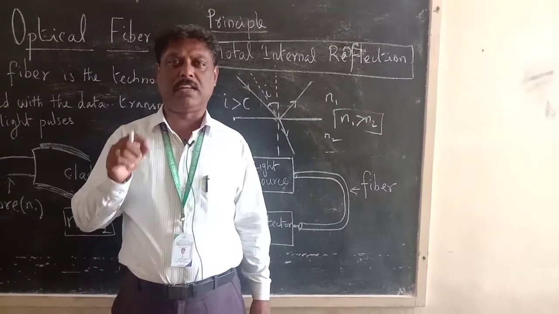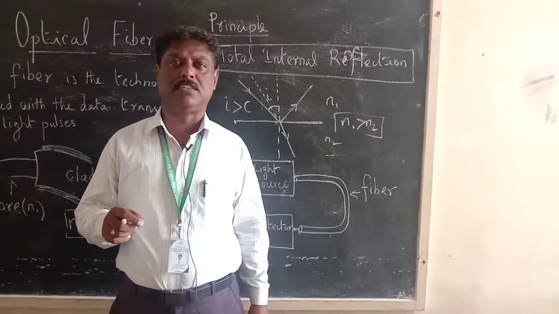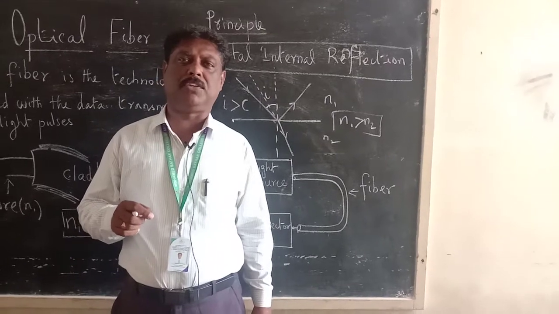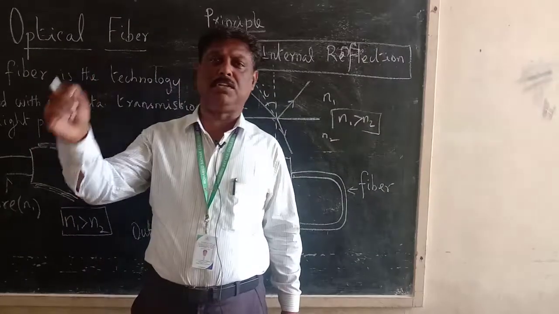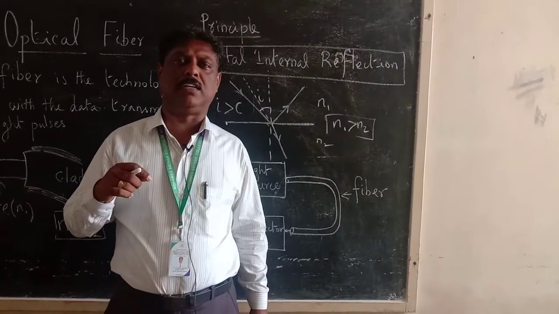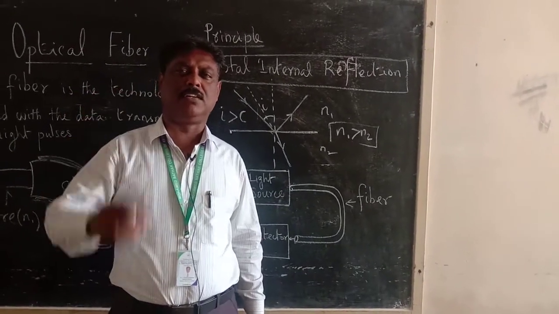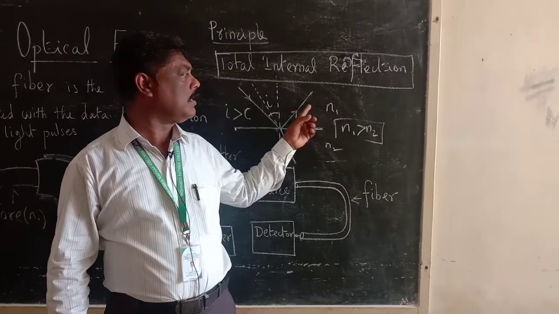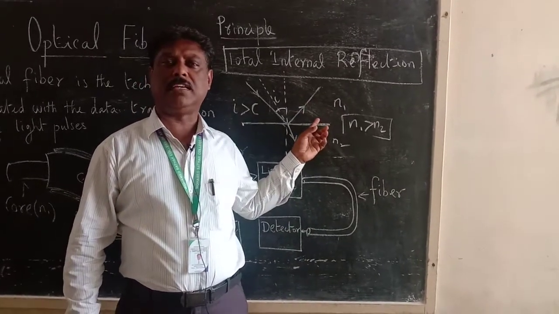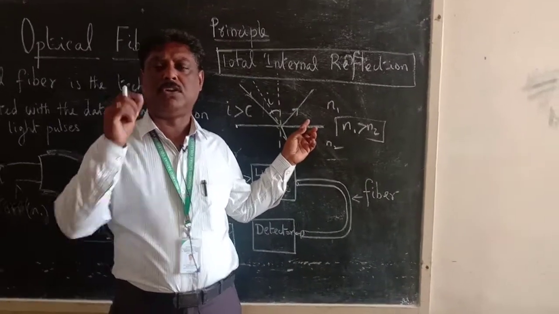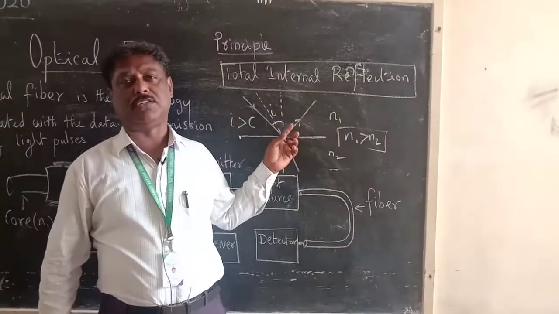So total internal reflection is a process by which a ray of light entering from a denser medium to a rarer medium is reflected back in the same denser medium. This is the basic principle of fiber optical communication.